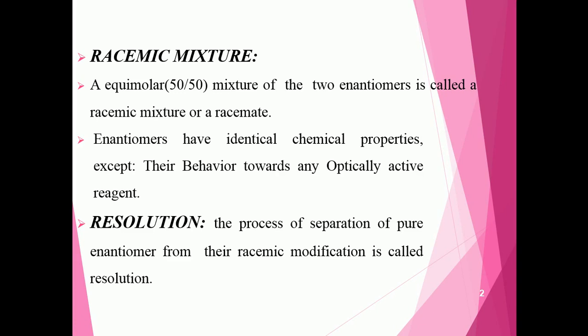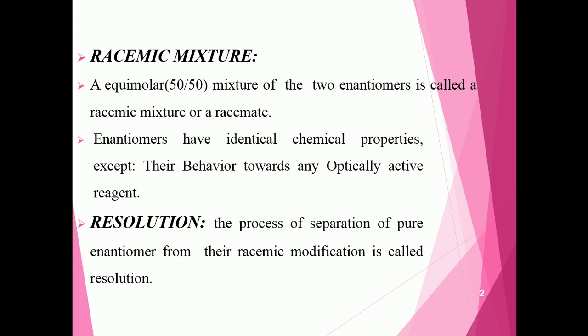As I discussed, enantiomers are mirror image isomers, they are not superimposable. They have same physical property except optical activity. They have same chemical property except their behavior towards any optically active reagent. So when we talk about a mixture of enantiomers, it may be possible that one of the enantiomers is more active as compared to another enantiomer.